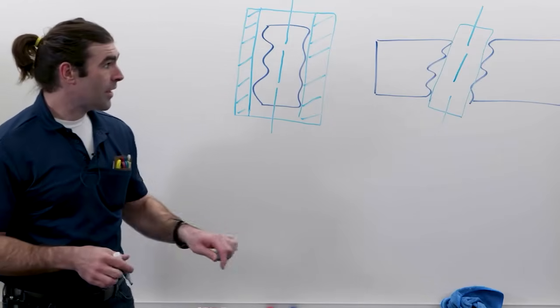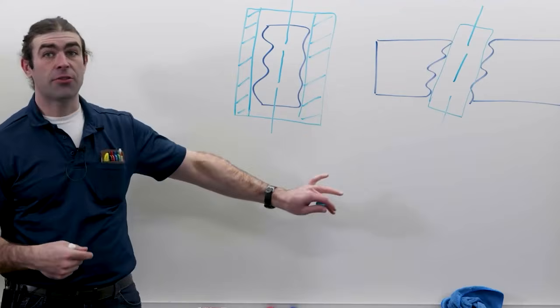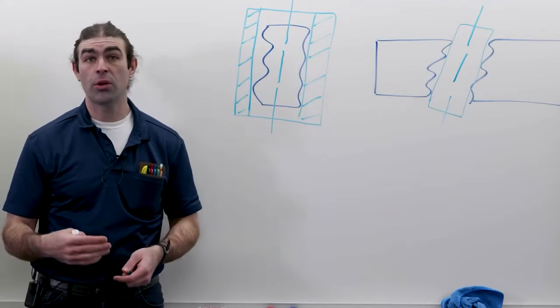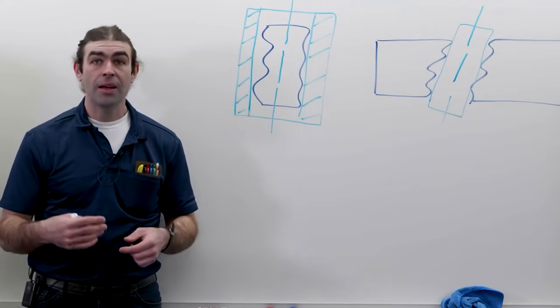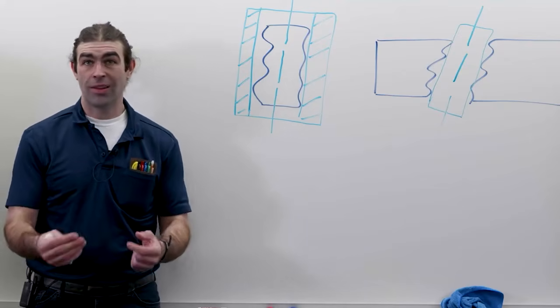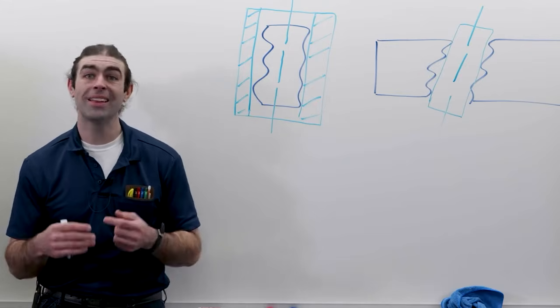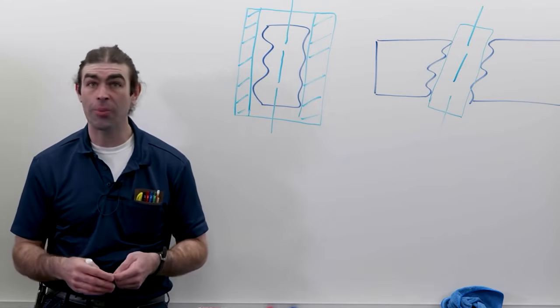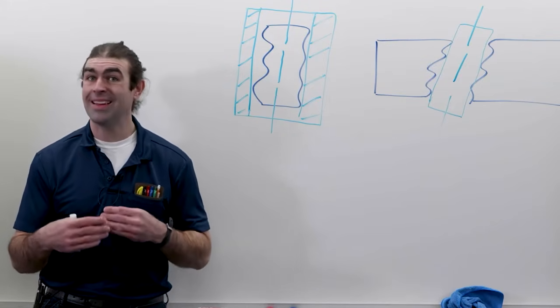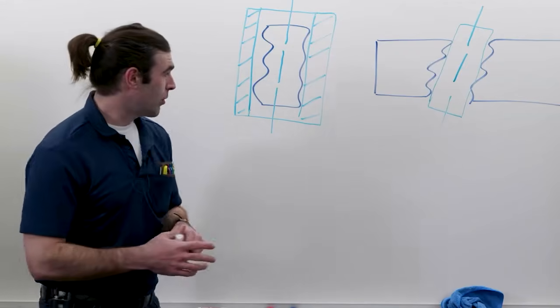The next thing, this is the unrelated actual mating envelope. It's what we use for position and perpendicularity, but there's another concept known as the related actual mating envelope. The difference is the related actual mating envelope is constrained to datums. So let me show you an example.